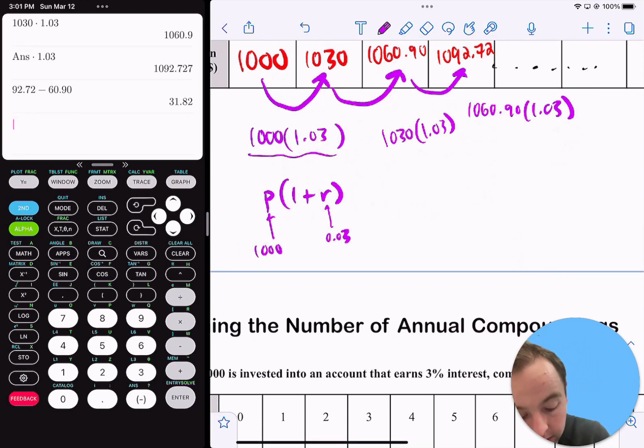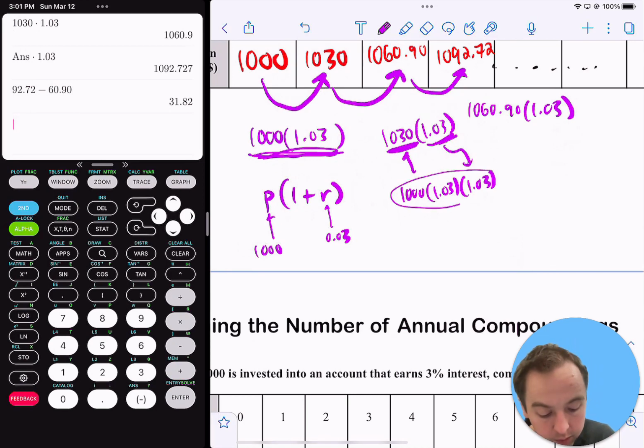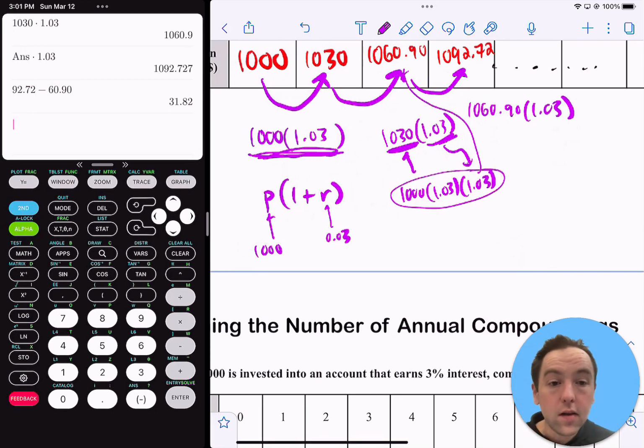Now, if you think about the fact that this right here generated and equaled 1,030, well, then that can inform us that right here, this 1,030 is actually identical to taking 1,000 times 1.03. And if we take this 1.03 and drop it down right here, then you can see that multiplying these three numbers together gave us the answer of 1,060.90.